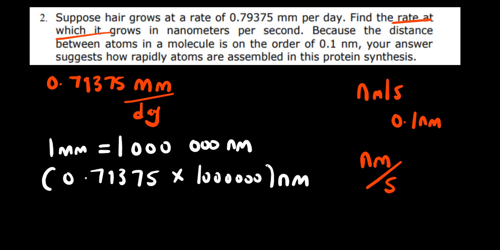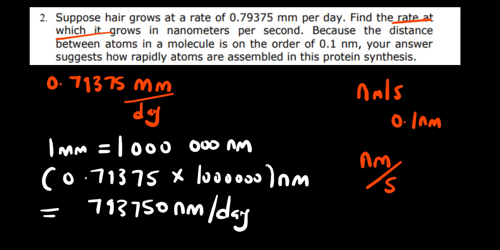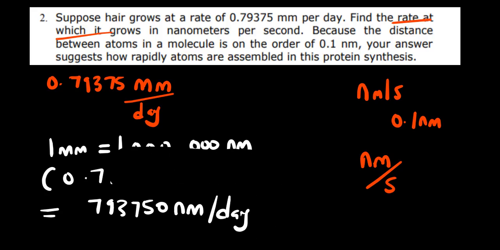On my end I'm getting 793,750 nanometers. Don't forget there's a per day here, so write your per day. Now let's also convert the days to seconds. Allow me to rub on top.